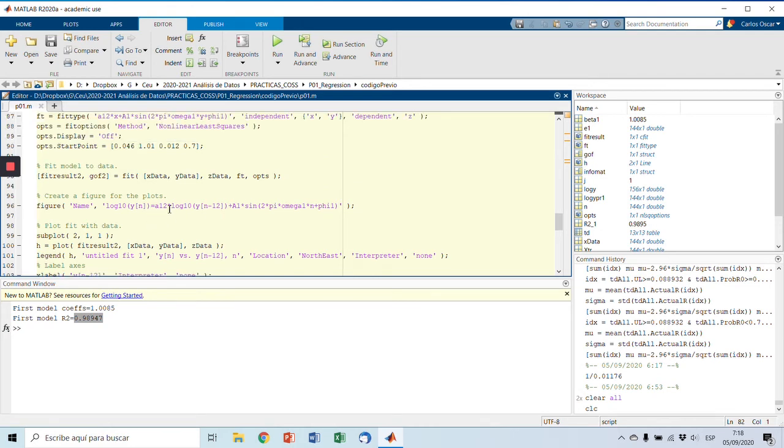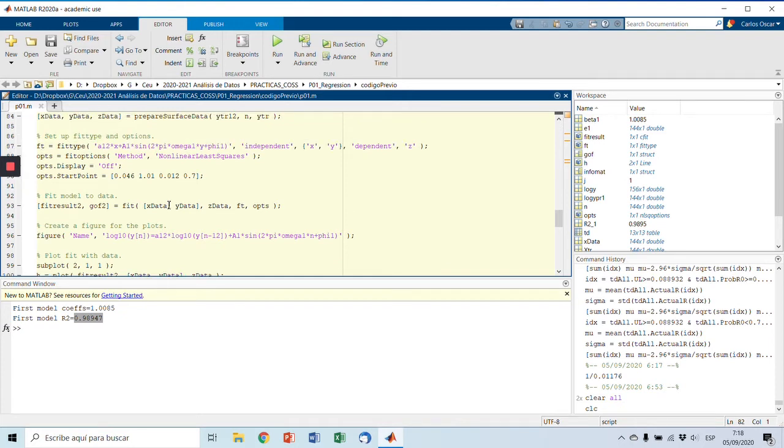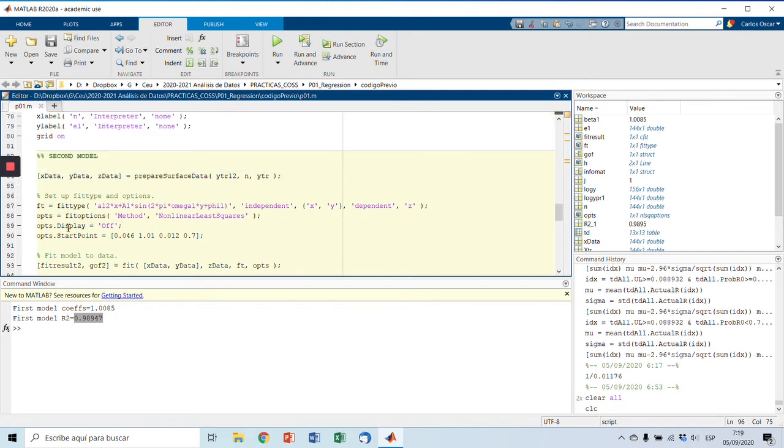So we know that the logarithm of the number of passengers depends on what happened 12 months ago, and then on a sinusoid, and we put that into a fitting model. So we will use again the fit function of MATLAB because of this nonlinear least squares problem, and then we will use as predictor x.